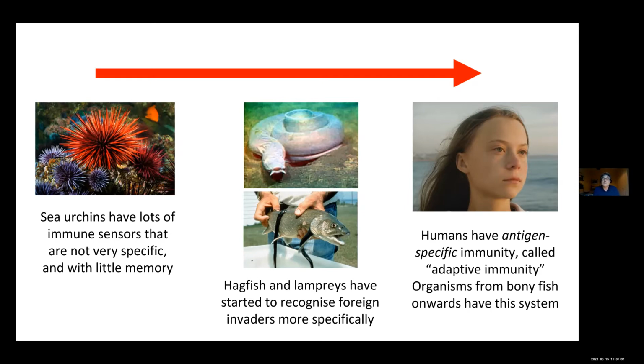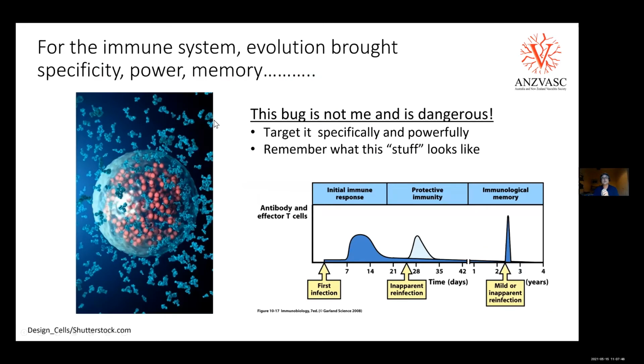Following on from that, pretty much any animal with a bony skeleton has what we call antigen-specific immunity, also called adaptive immunity. And so we're able to recognize things specifically, and that is in general a great advantage, because when we developed this adaptive immune system, meaning we could recognize proteins on bugs as specific, we could bring a lot more specificity. In other words, just attack the bug that's involved, not the rest of the body.